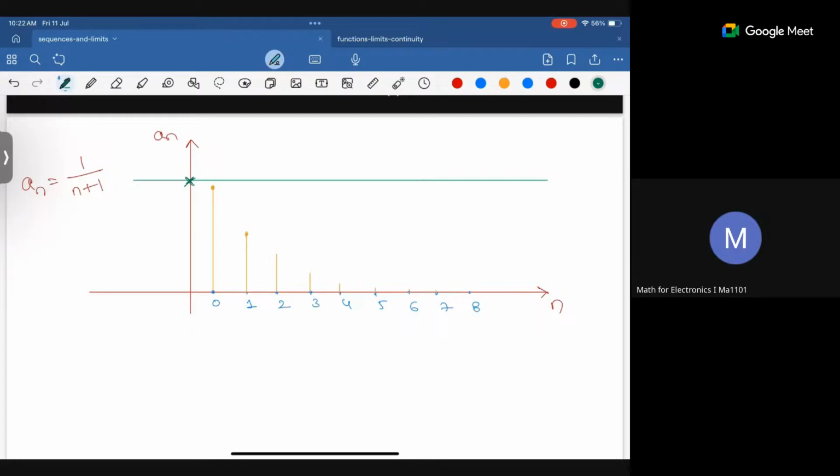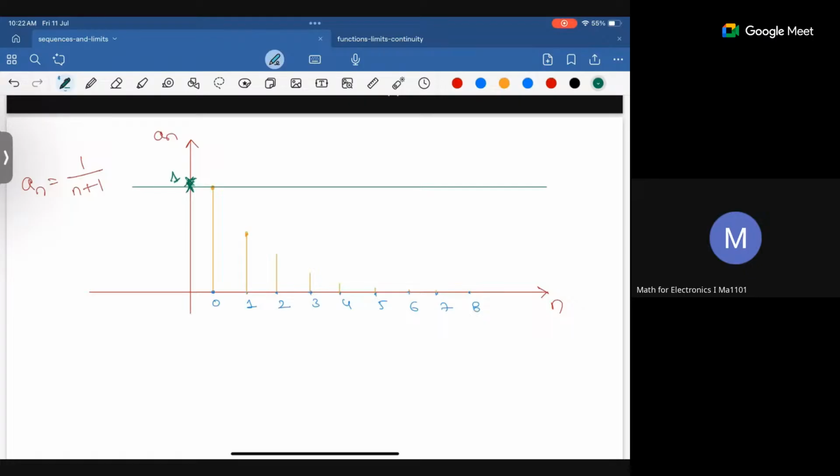Here in this case, I can pick this line to be exactly equal to 1. There is no harm in picking this line. None of my stems go above that green line. Therefore, this is an upper bound. Similarly, I can get a lower bound in the same fashion.